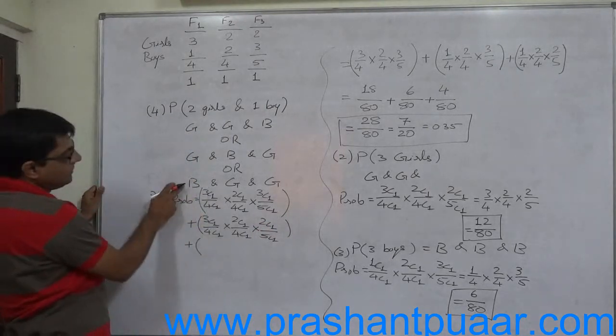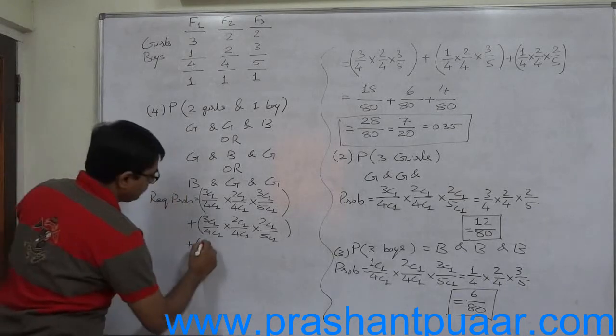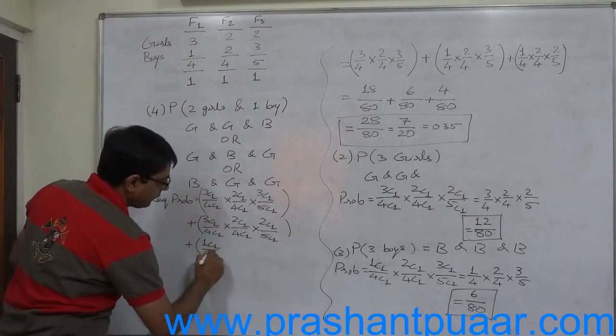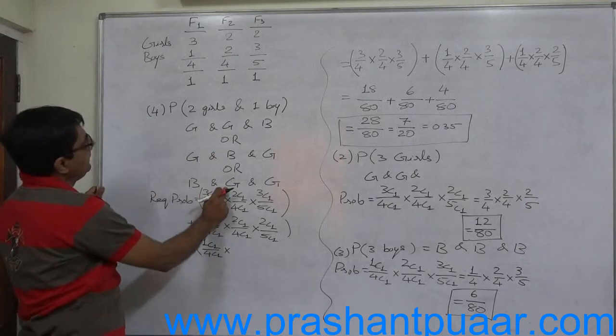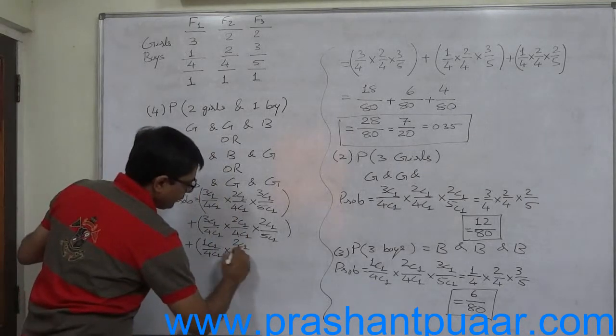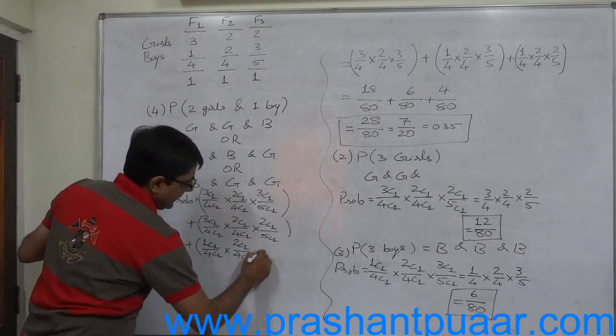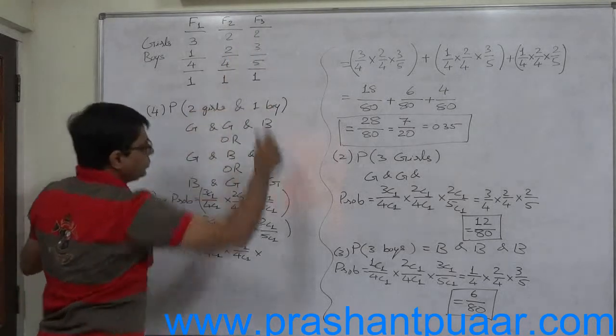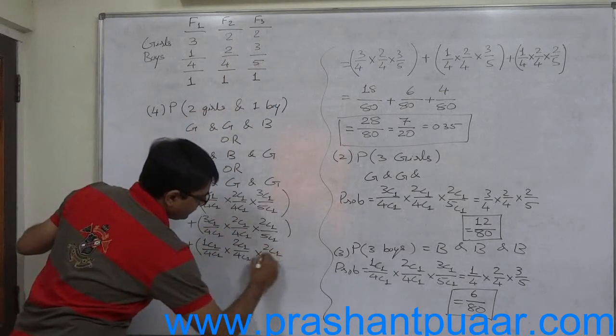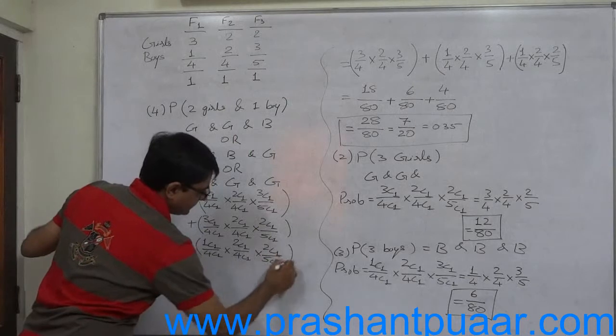Plus, now third combination, boy from the first family 1C1 upon 4C1 and girl from the second family again 2C1 upon 4C1 and girl from the third family 2C1 upon 5C1. Just simplify this.